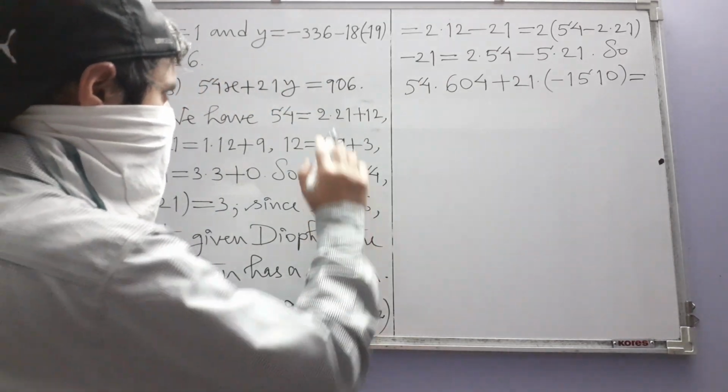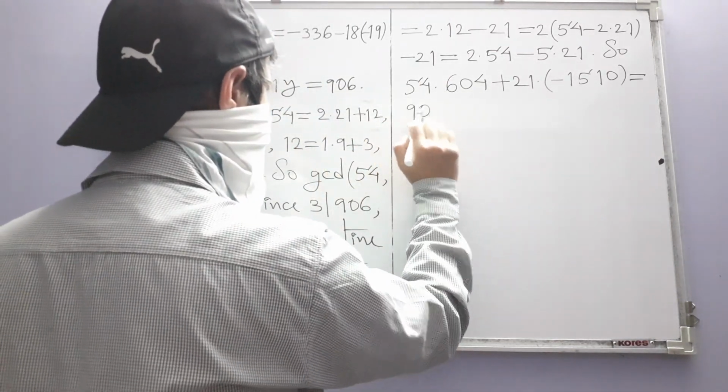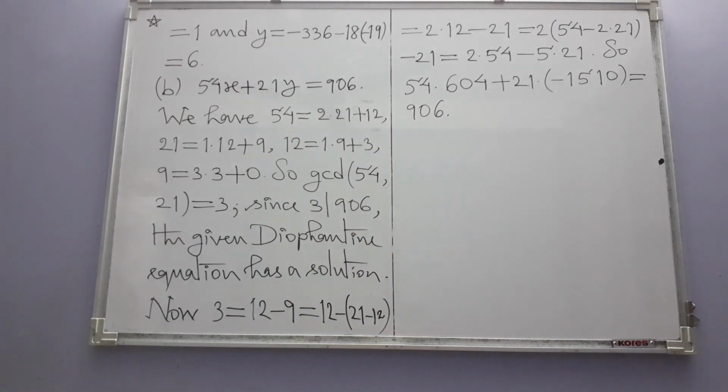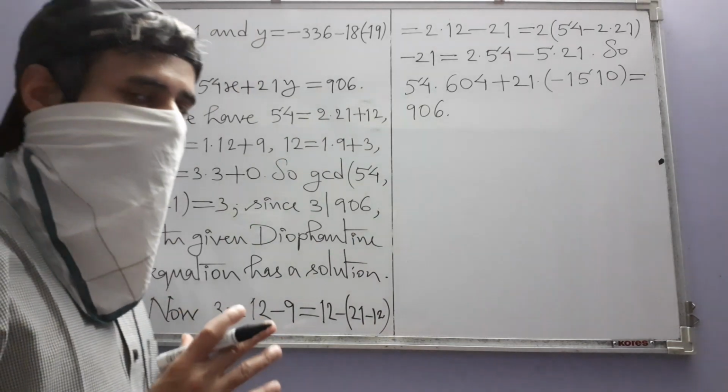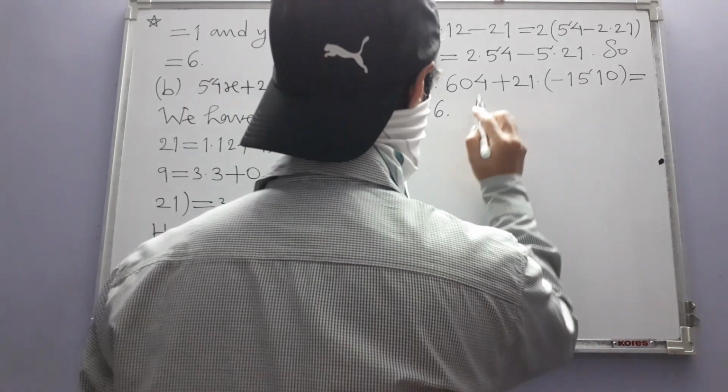And on the right side, of course, we have 906. Okay, so this gives us a particular solution to our Diophantine equation.